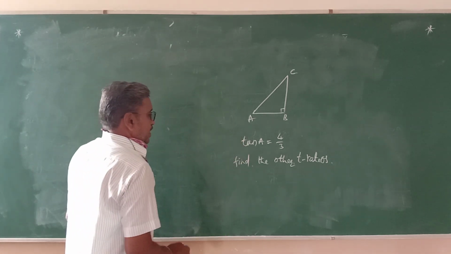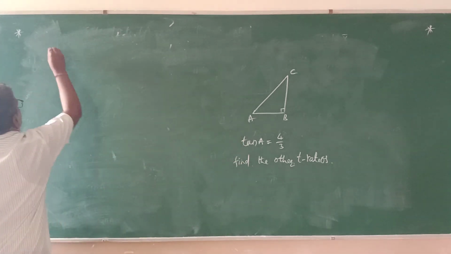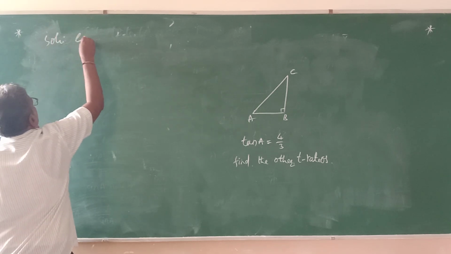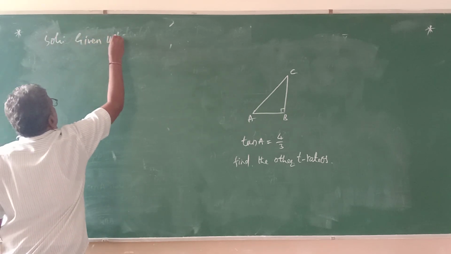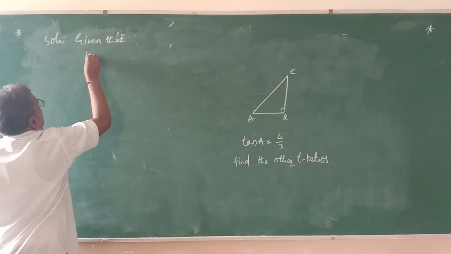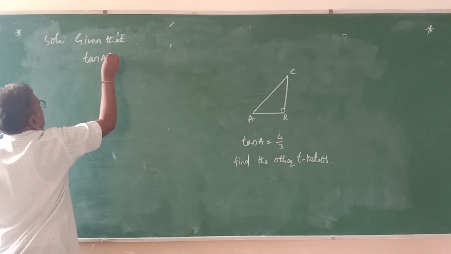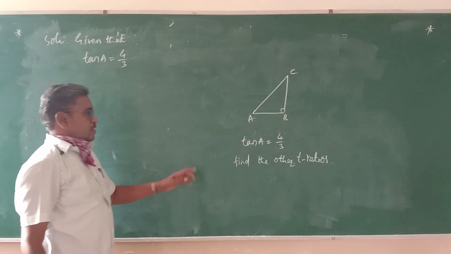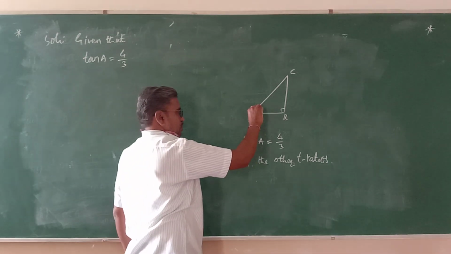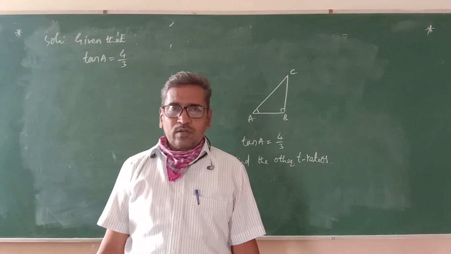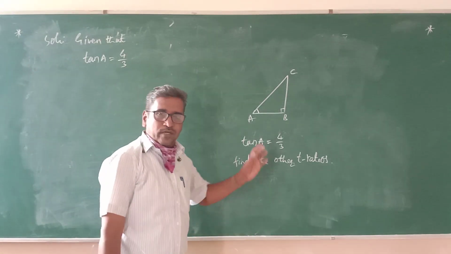Given that tan A is equal to 4/3. See, angle A is given, so be careful about that. What is the definition?